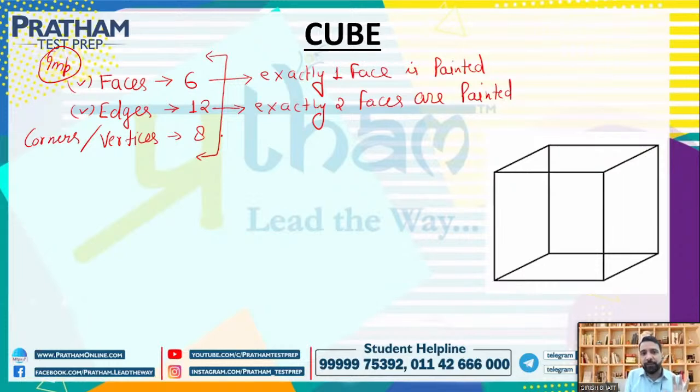And if the question is about exactly 3 faces painted, then we just have to check the corners. It doesn't matter which color is painted where. If the question is about one face, look at the faces of the cube. For 2 faces, look at the edges. For 3 faces, look at the vertices or corners of the cube.